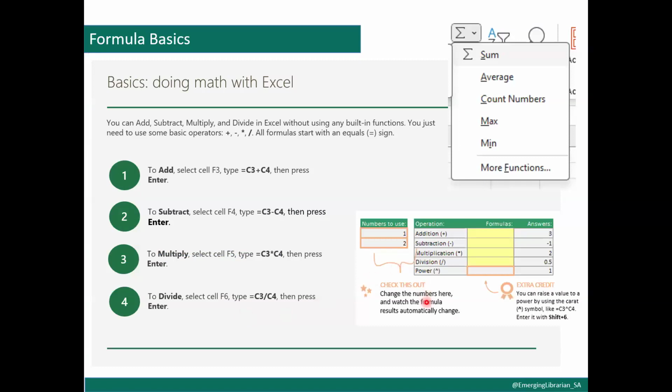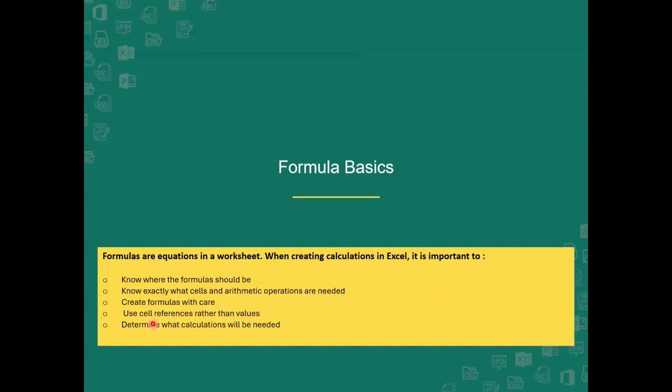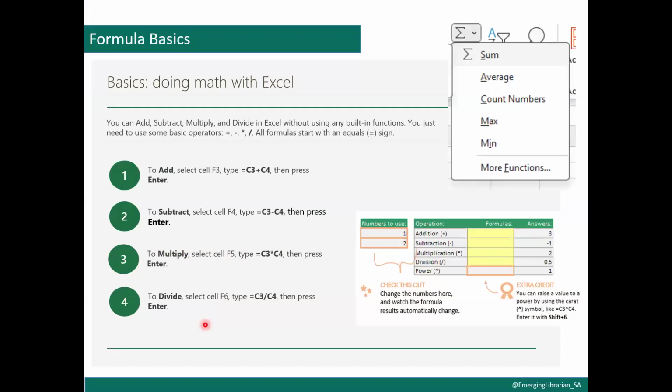So the moment you open Excel, you remember you have your cells, and then in each and every cell, you enter your own data. So what it simply means is that use the cell references rather than the values that are found within the cell. So you can still use the cell references in order to avoid making mistakes.